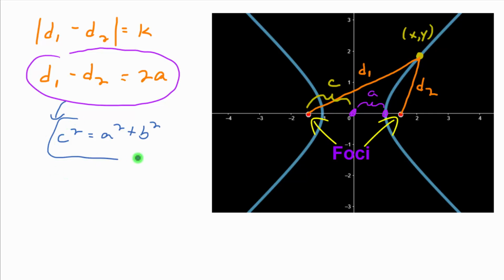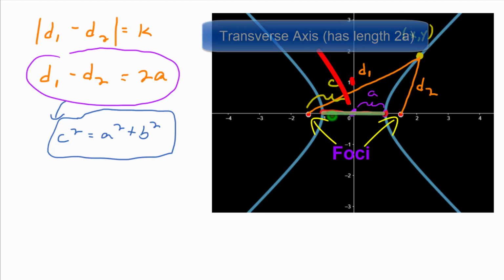And that relationship will come in handy if we need the distance out to a focus point and we know what A is and we know what B is. Or we know two of these, A and C for instance, and we want to get B. One other thing you need to know, the line segment between the vertices, here's one vertex, here's the other vertex, that line segment is called the transverse axis of the hyperbola.